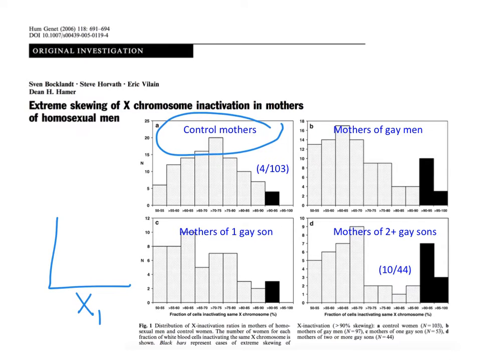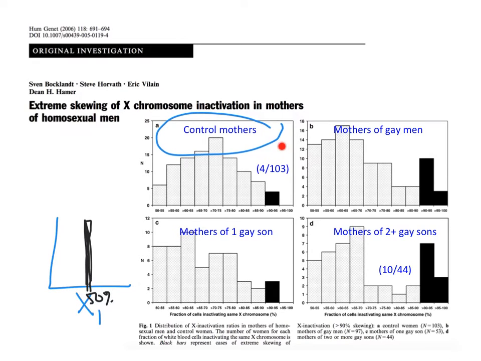Half. So we would expect to see 50% inactivating X1. So we'd expect to see, say, a column there. Right? If every single woman turned off exactly half of X1 in their cells, and the other half of their cells turned off the second X chromosome.